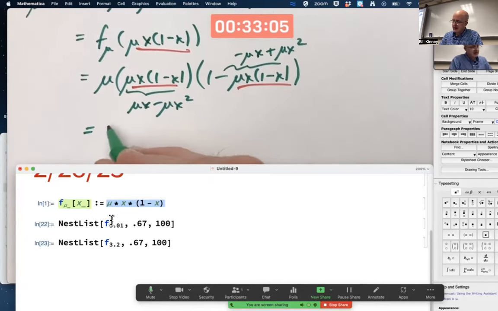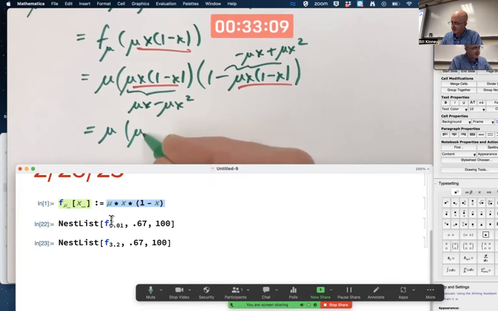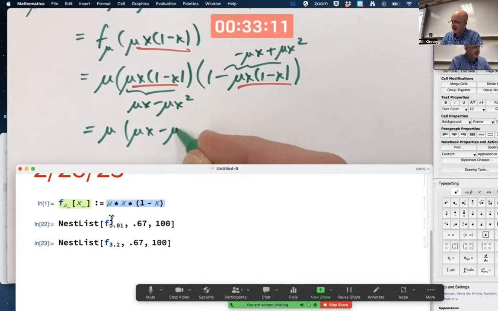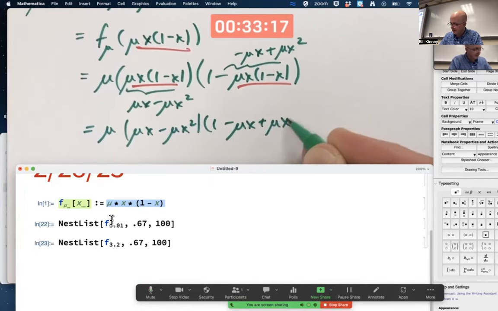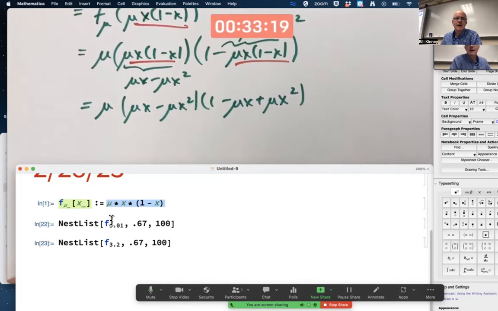So what do we get? We've got mu times, okay, let me be careful here. I could factor a mu out of that if I wanted to, but let me not bother. Go ahead and multiply this out, this binomial times this trinomial, right?